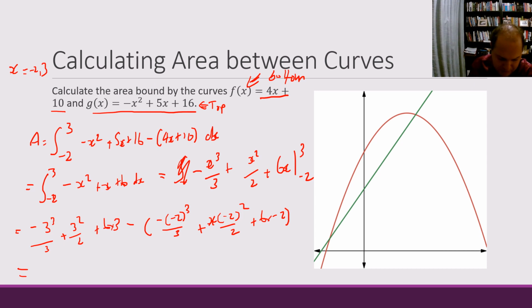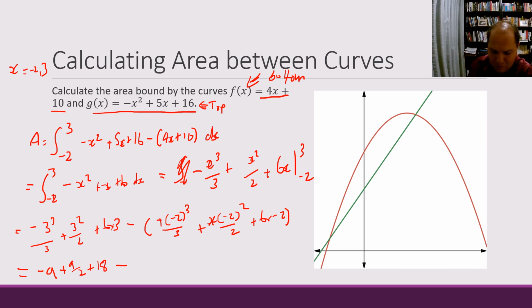Alright, doing a bit of work here, so that'll become -9. 3 squared on 2, that'll become plus 9 on 2. 6 times 3 is 18. Subtract. -2 cubed is -8.